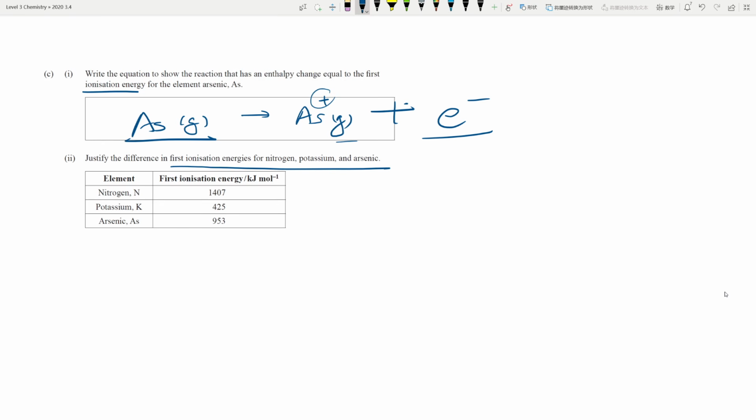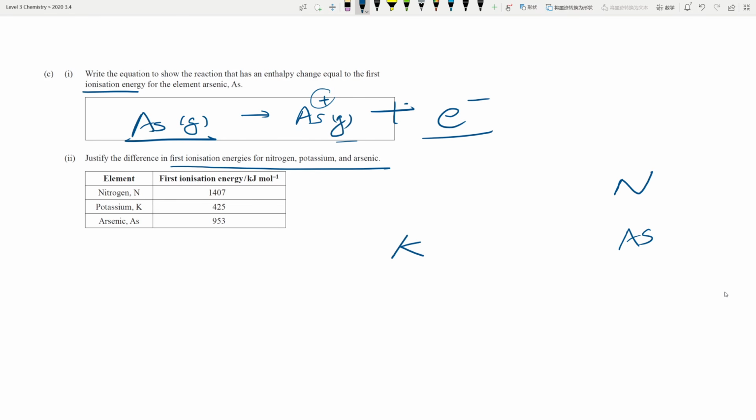If you look at the periodic table, let me quickly find it for you. Periodic table of elements. So you have nitrogen, you have K, which is over here, and then you have arsenic, which is over here.